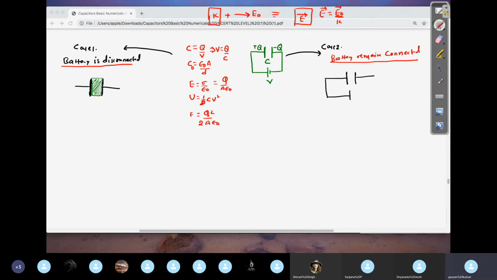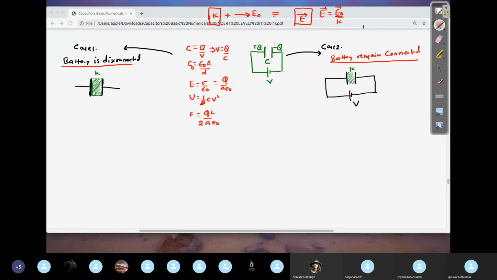The battery is not removed from the circuit, it is still there, and then you fill the space with a dielectric of constant K as well. We will discuss how these parameters get affected. This is a very common scenario.